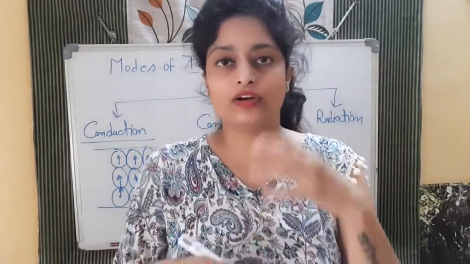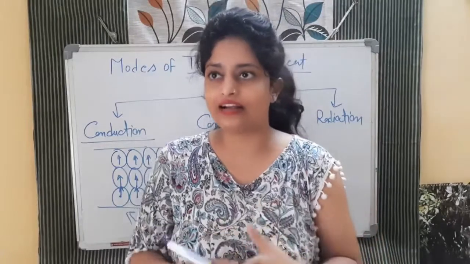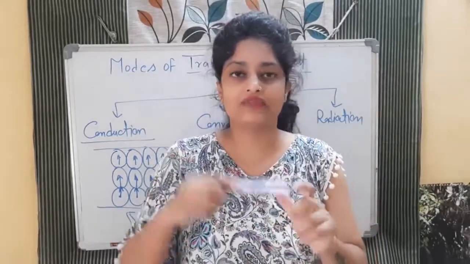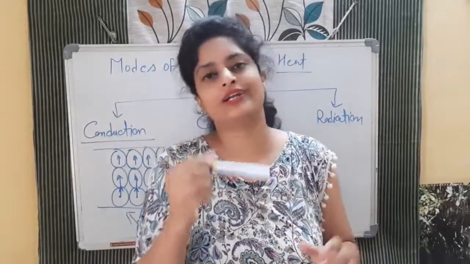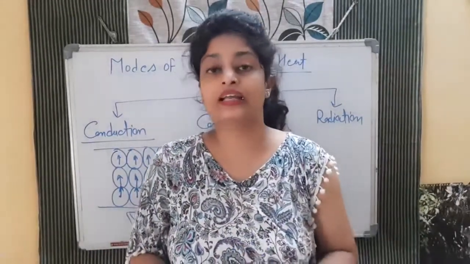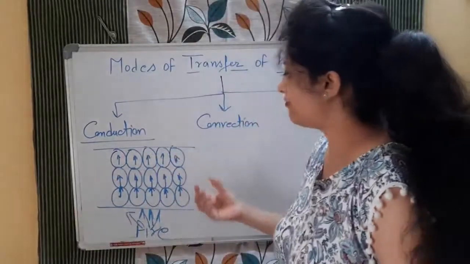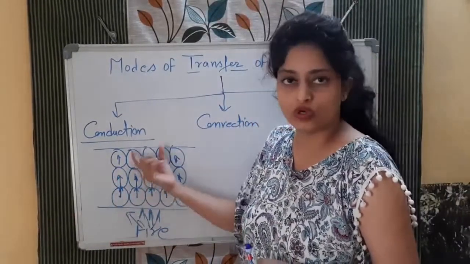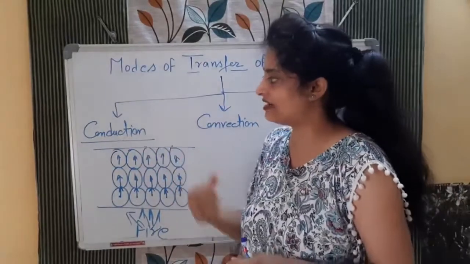In this kind of transfer of heat, there is direct contact of the object with the fire. In that case, energy is transferred from one molecule to another, and that energy transferred by the molecules' vibration is known as the conduction method.